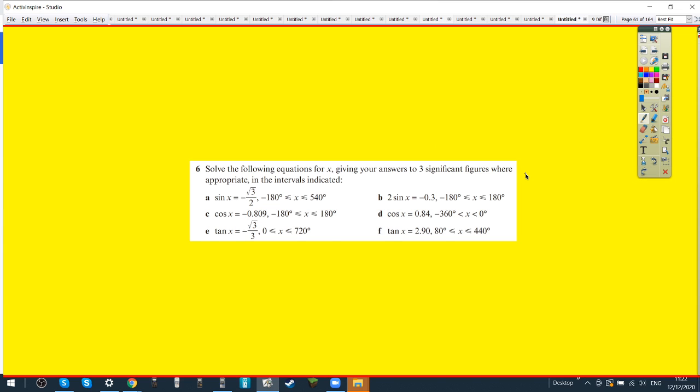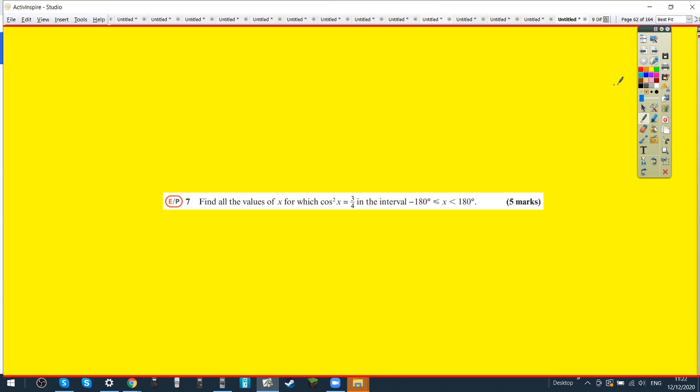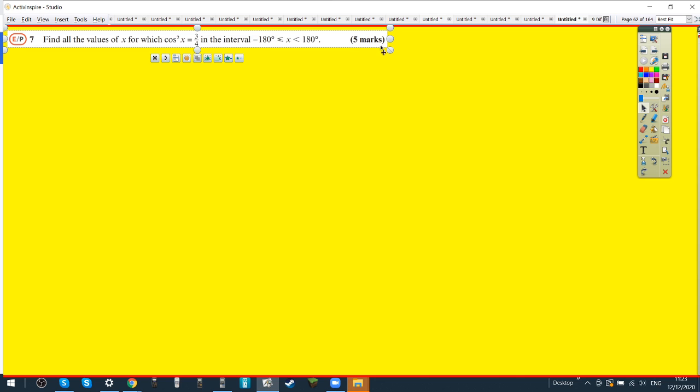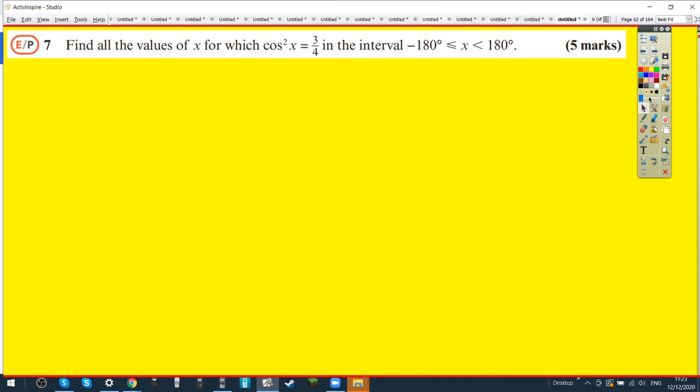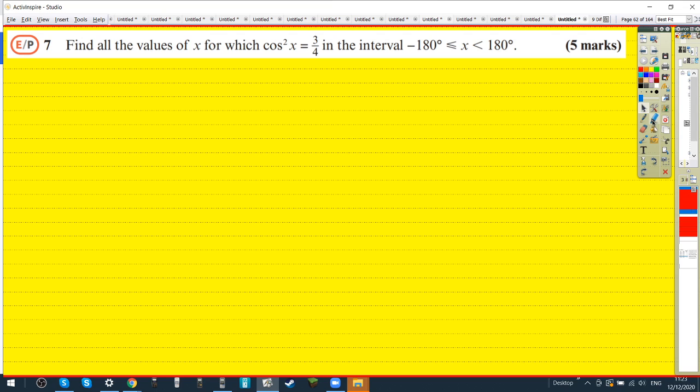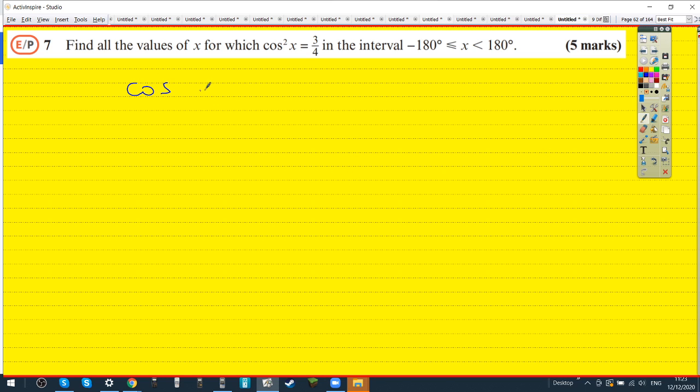Who knows? Okay, how do we do this weird one? Is cos squared x the same as cos x squared? Yeah, cos x all squared. It's just to show that it's not just the x that's squared, it's the whole thing.